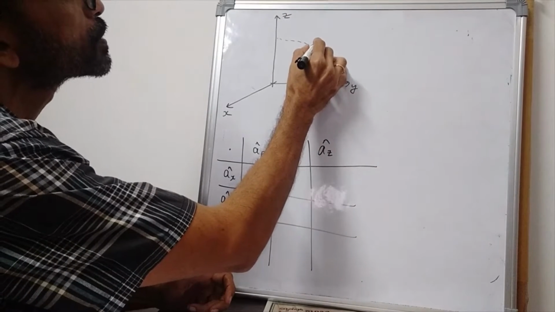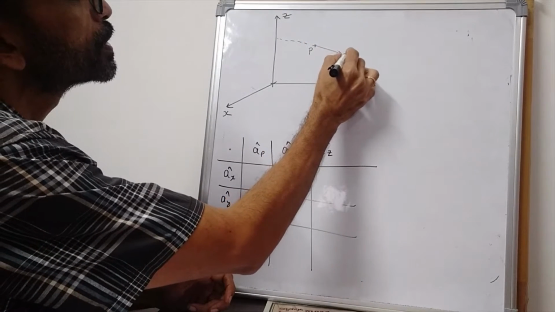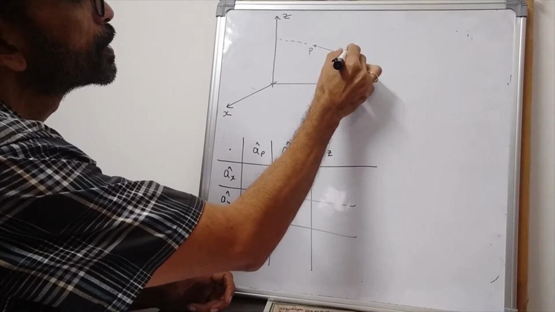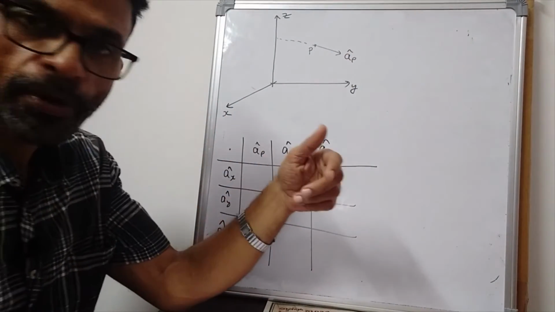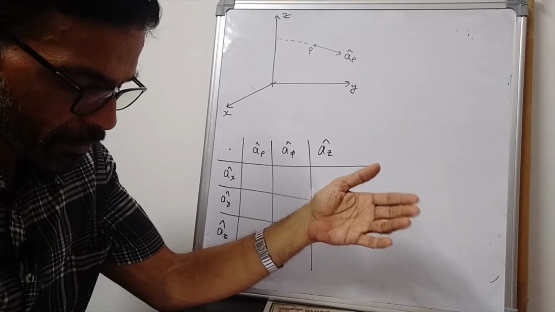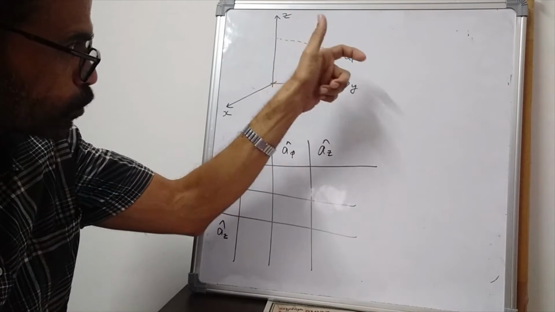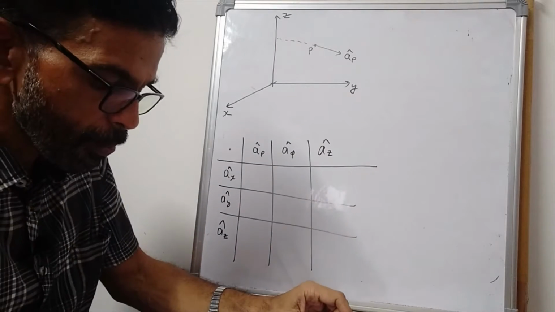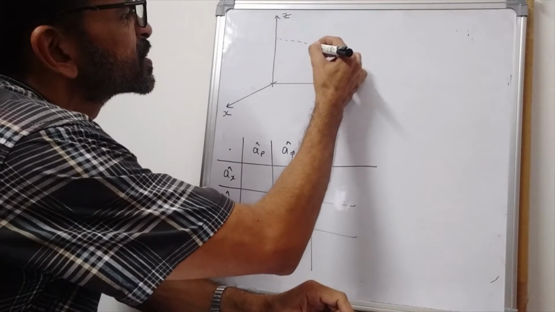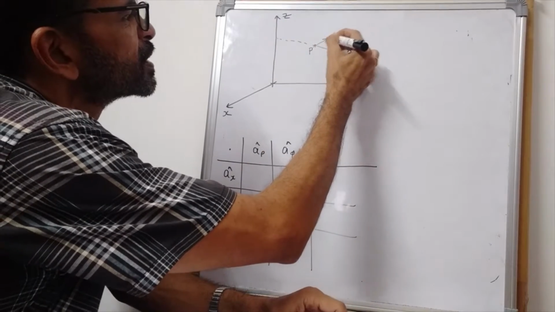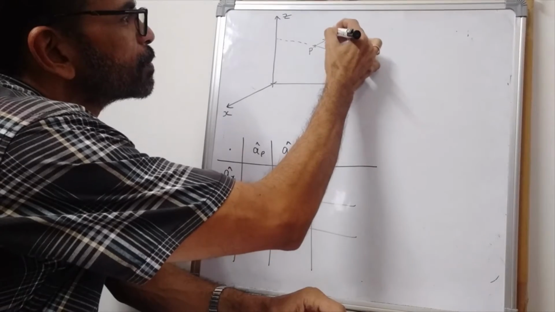So we know that this will be a rho cap at that point, that is the vector which is radially outward, a rho cap, and this will be a phi cap.